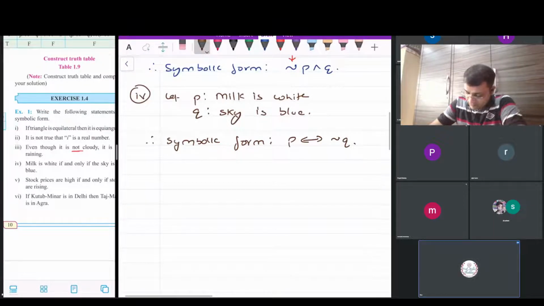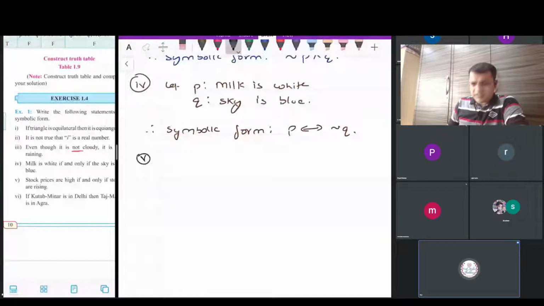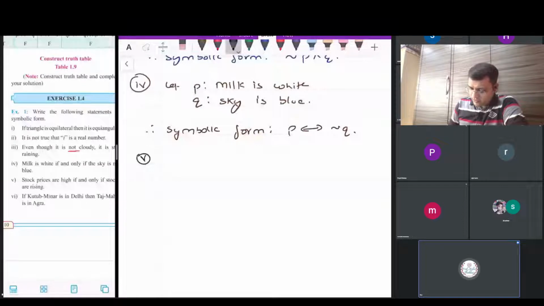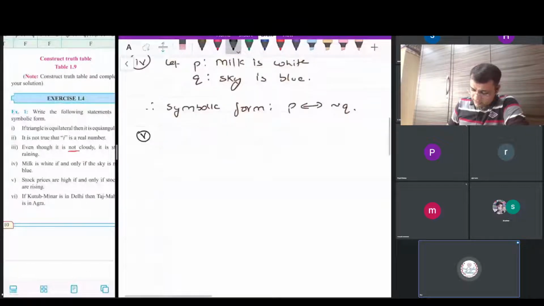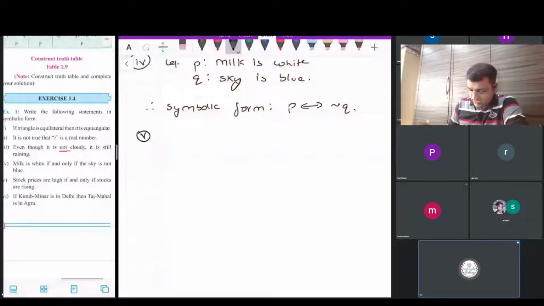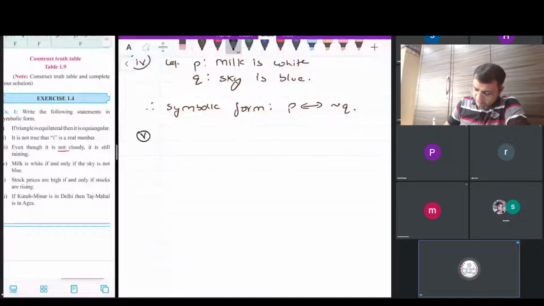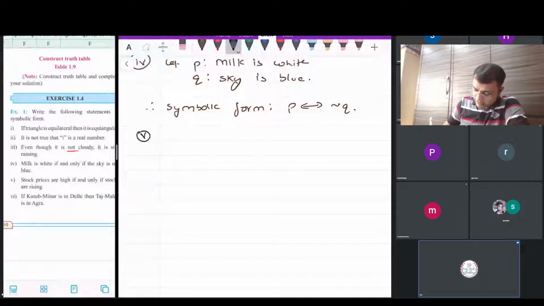Number 5, stock prices are high if and only if the stocks are rising. It's a simple one. I am sure you guys should be able to manage this one. And the sixth one that you have, Qutub Minar is in Delhi, then Taj Mahal is in Agra. So let us quickly write it. P denotes over here that stock prices are high.